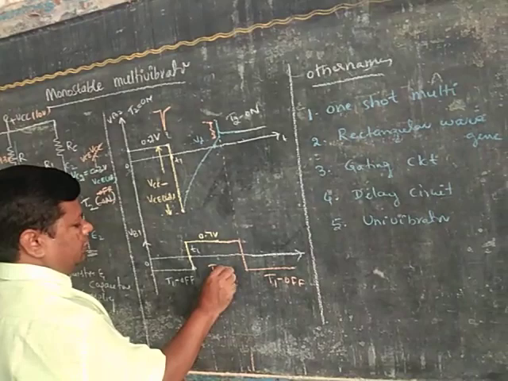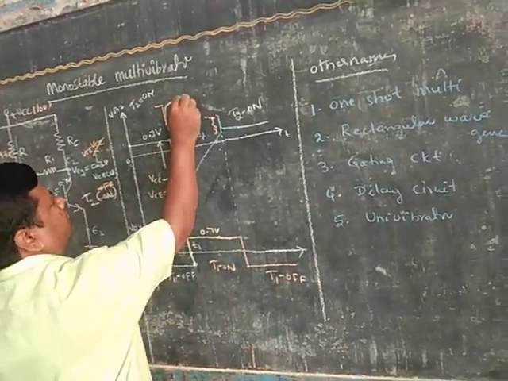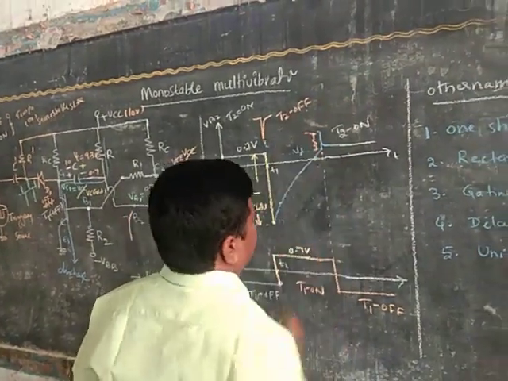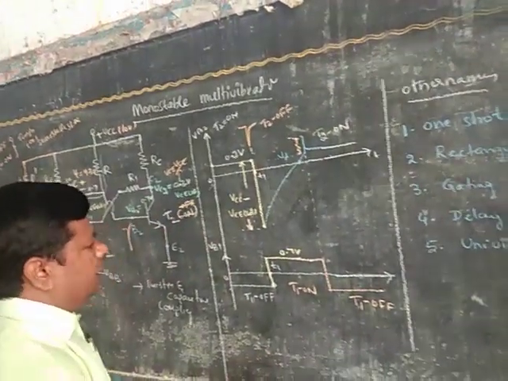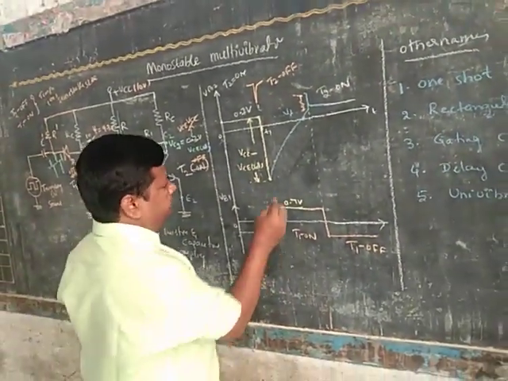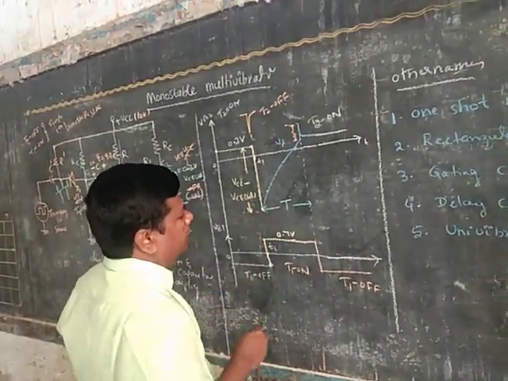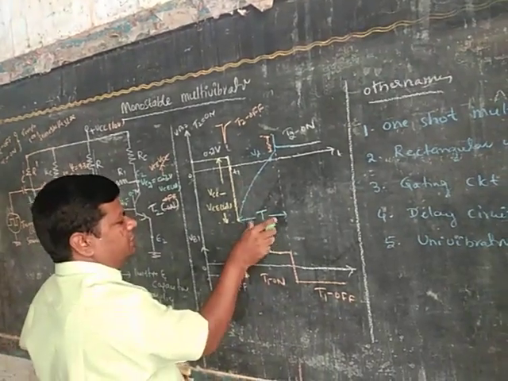Here T1 off. Here T2 off. That means depending upon this time interval, this is the time constant. So this is the time delay.